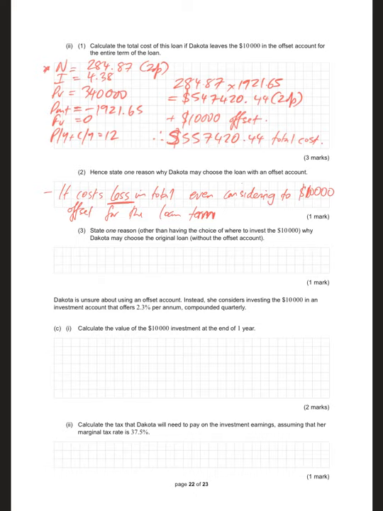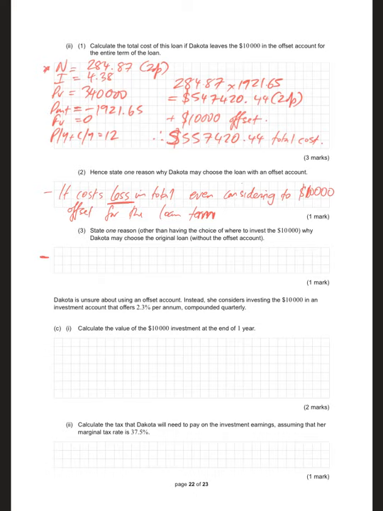State one reason other than having the choice of where to invest 10 grand why Dakota may choose the original loan without the offset account. Well, she's still keeping the money. Why would she want the original loan? Apps, Finance, 350 grand, 4.18.